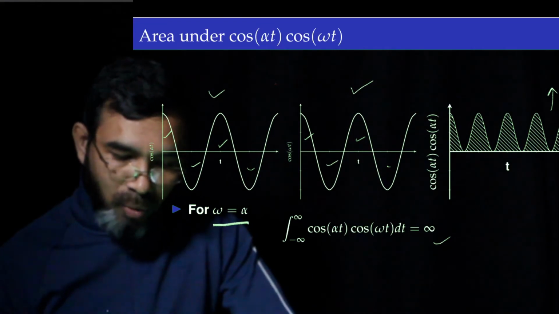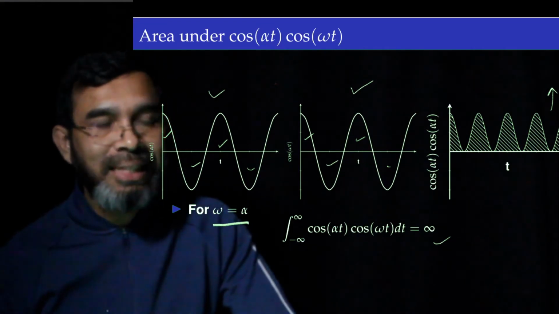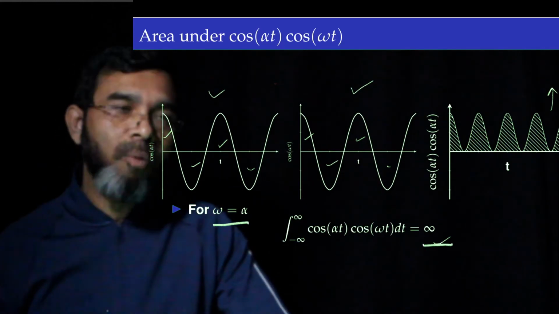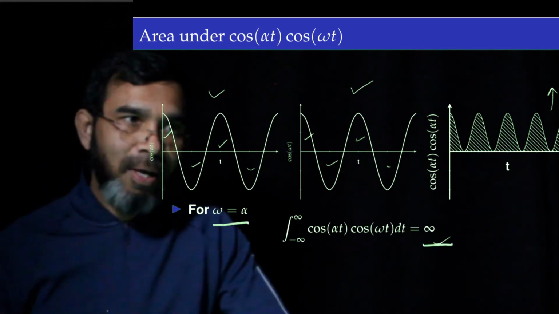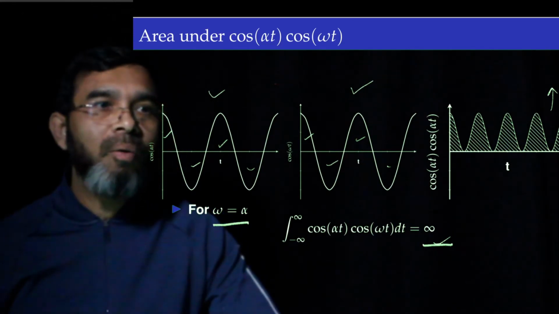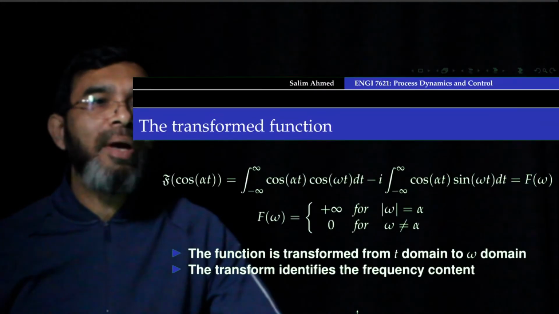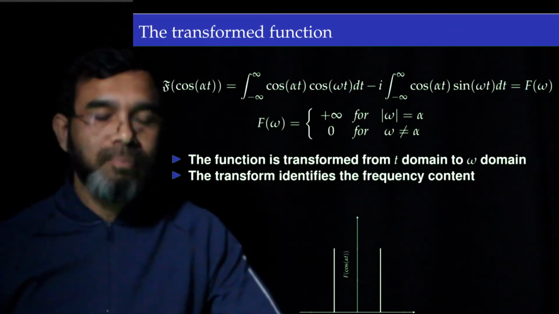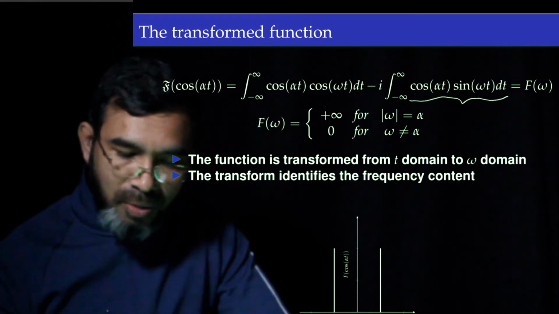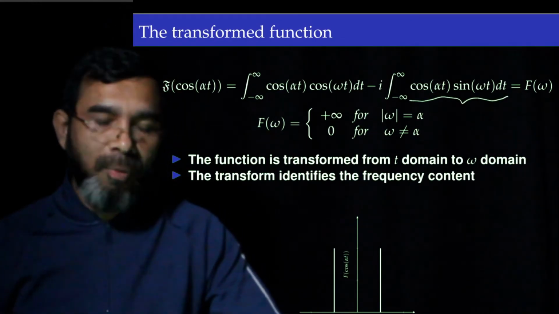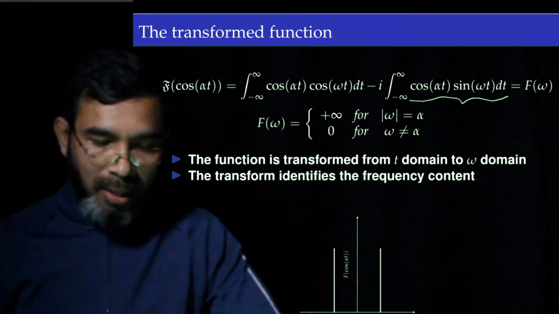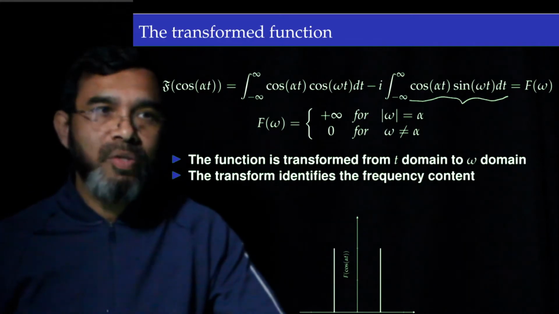So the function cosine alpha t times cosine omega t dt, integrated over the entire horizon, gives a value of infinity when omega equals alpha, and a value of 0 when omega is not equal to alpha. Okay, now what about the other term? In the same way we can show that the second term, this imaginary term, is 0 for all values of omega, whether omega equals alpha or not.